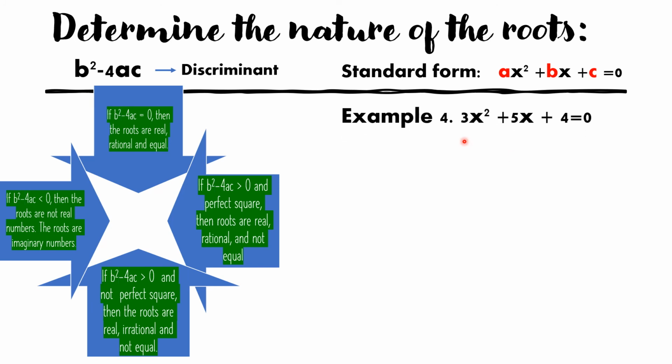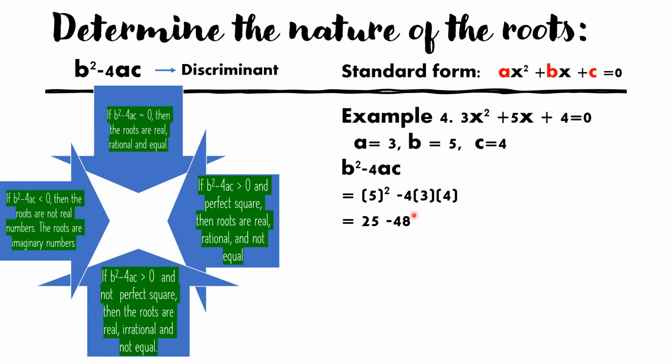Okay, last one here. 3x squared plus 5x plus 4 is equal to 0. We can now find the values of a, b, and c because this is already in standard form. And substitute in the formula. So we have 5 squared minus 4 times 3 times 4. 5 squared is 25. 4 times 3 times 4, that is 48.